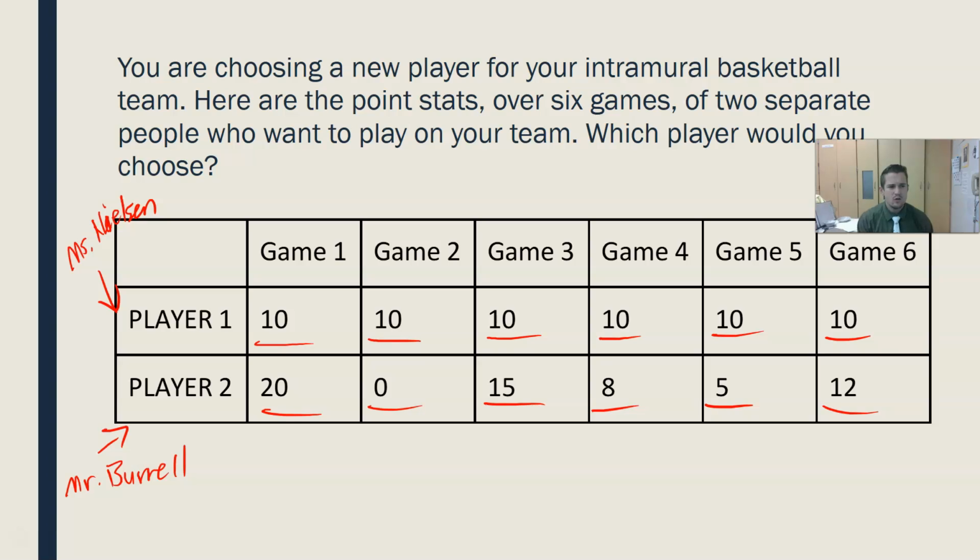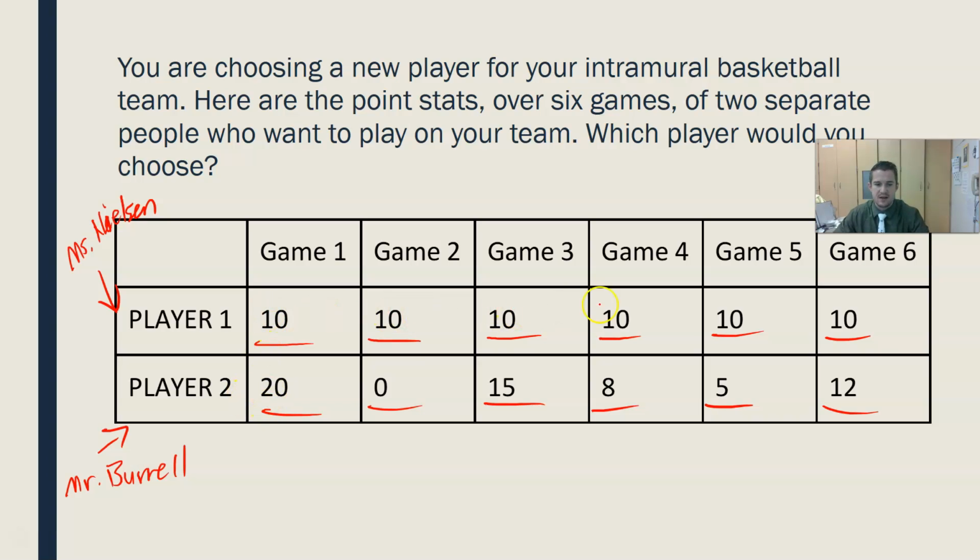So what do you think? Which player would you choose? Would you choose Mrs. Nilsson, or would you pick Mr. Burrell? Who's going to award you the most points? And how are you going to determine what that's going to be? For example, if I wanted to find the average of these 2 sets of data, that would give me an idea of who's going to score the most points. Okay, let's take the average for Mrs. Nilsson.